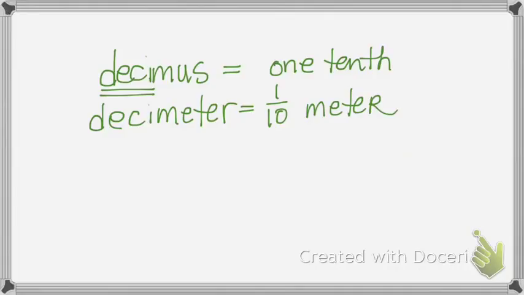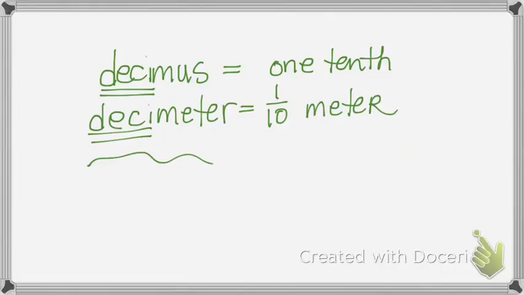We're just going to deal with deci, but of course we can look at centa, which is 100th, which is where our word cent comes from. A cent is 100th of a dollar. But I won't get into that too much.